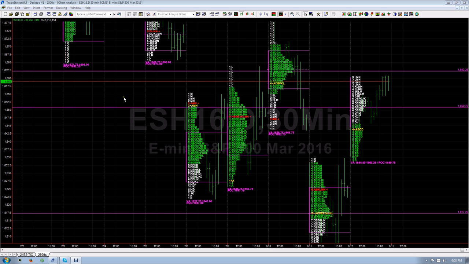And it's said that if the rotations cross through a price many times, there's a lot of business to do at that price. And it will build a distribution. As you can see here, you've got a nice distribution up here at the 1885 level.